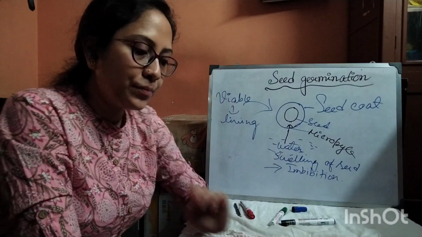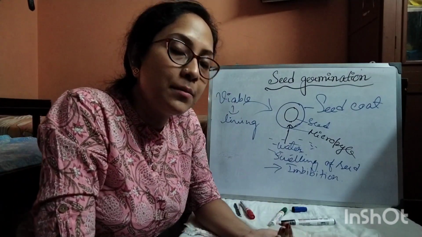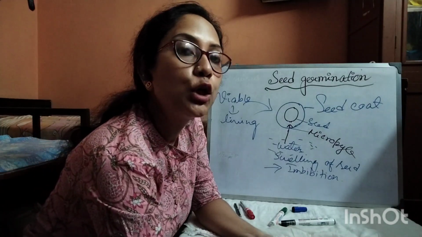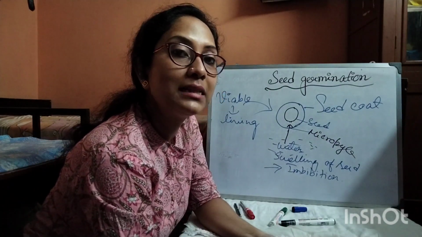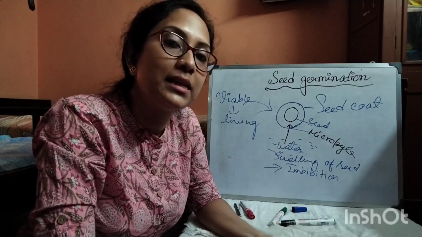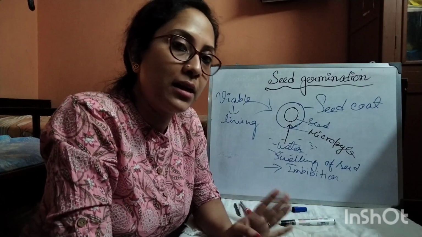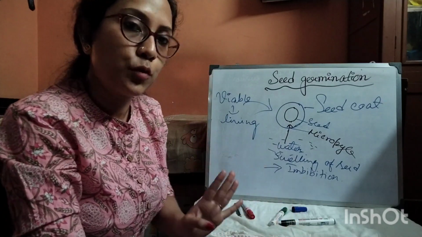The imbibition procedure will supply a sufficient amount of water to the embryo present within the seed, and the embryo will eventually mature. Up to this point I think I can make you understand the procedure.